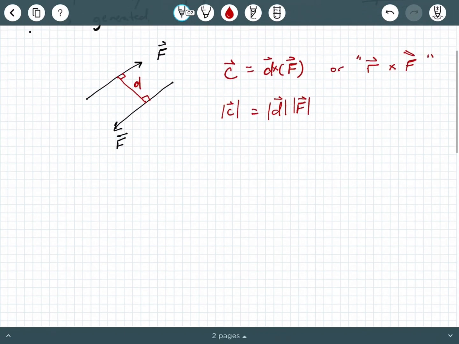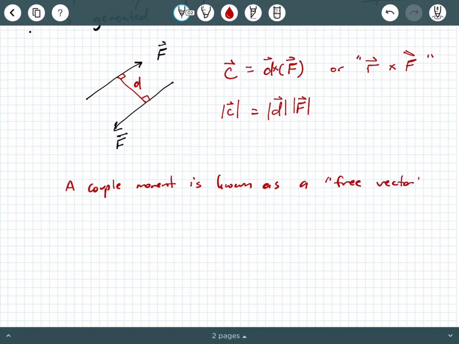So let's talk a little bit more about how this works. A couple moment is known as a, quote, free vector.